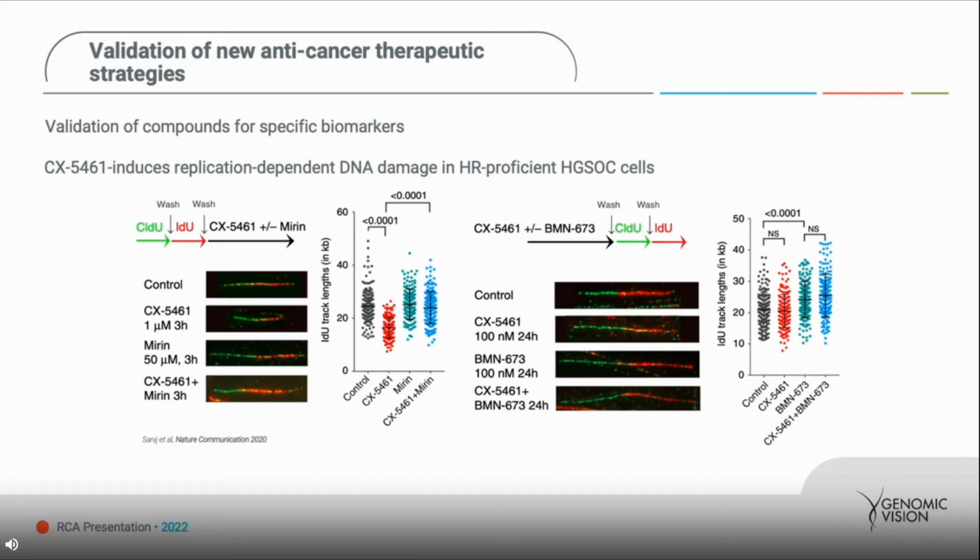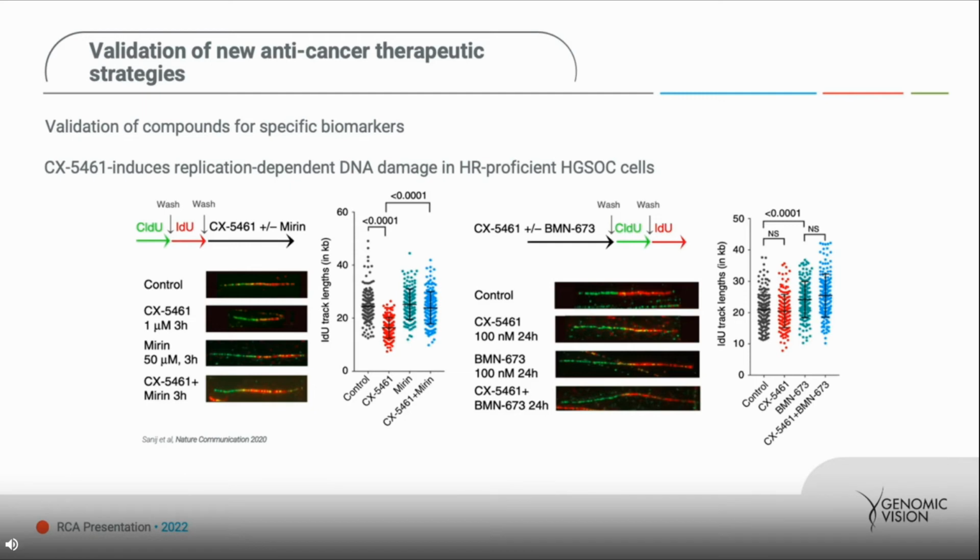So nascent replication tracks were first labeled with CldU, then IdU, before treatment with CX5461 for 3 hours. They then looked at the replication fork progression by measuring the IdU track's length.